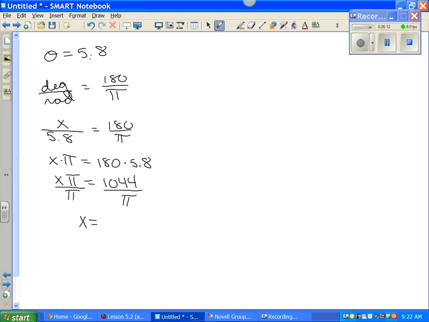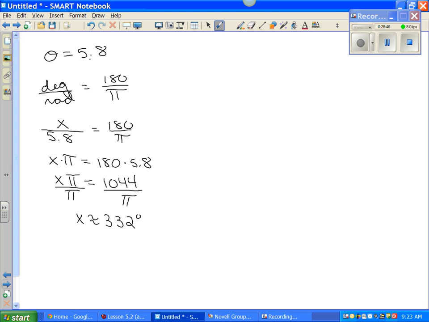Because remember, I'm going to degrees. So what do I use for pi? Yeah, your pi key. Please use your pi key. No trick question. Just use your pi key. Okay. So we get 332 approximately. Okay. To the nearest degree.